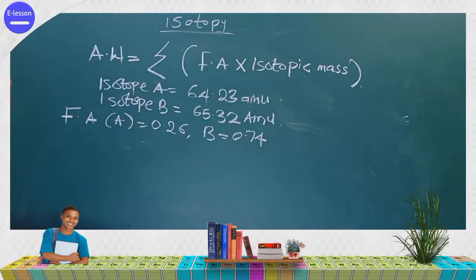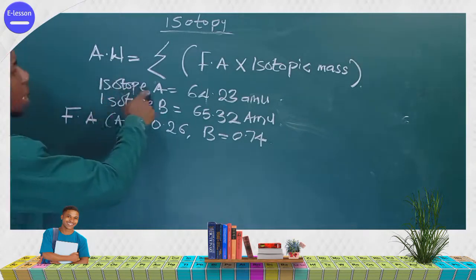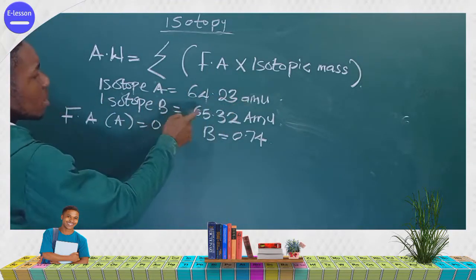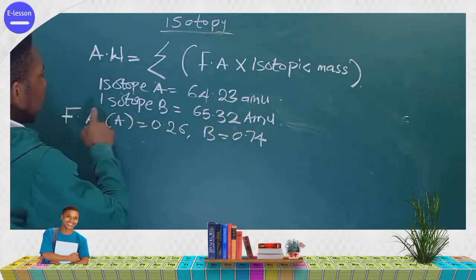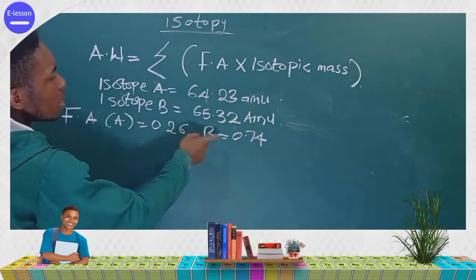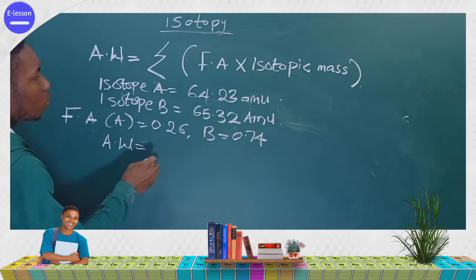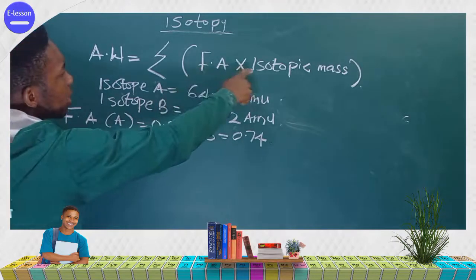So you have everything given here. Isotope A has isotopic mass 64.23, isotope B has isotopic mass 65.32, and the fractional abundances are 0.26 and 0.74. So what are we going to do? Atomic weight is equal to fractional abundance times isotopic mass.